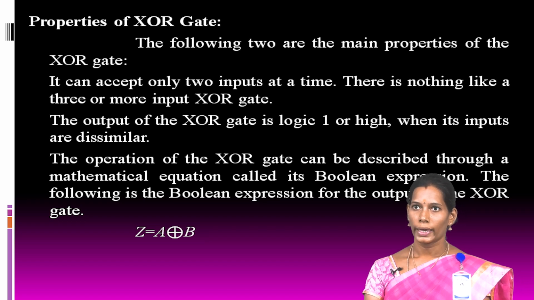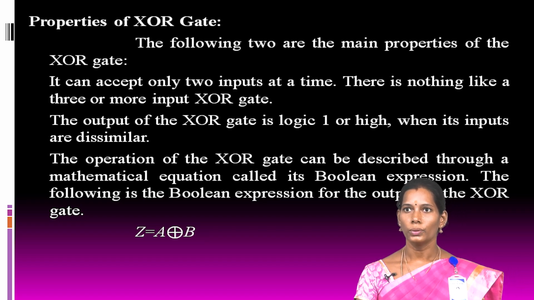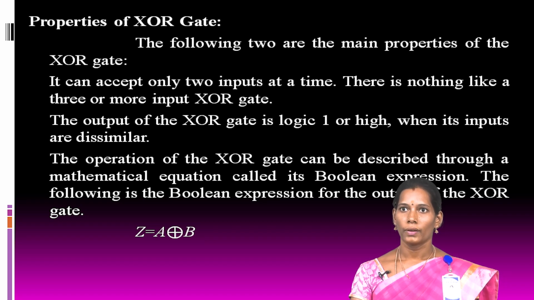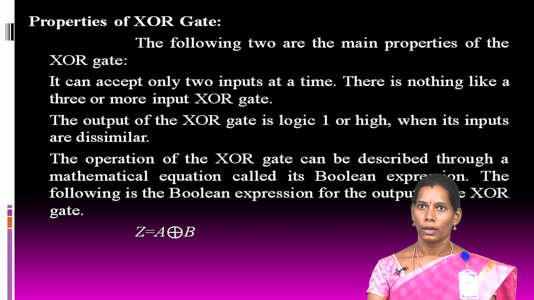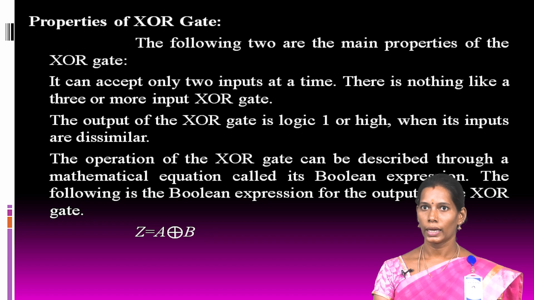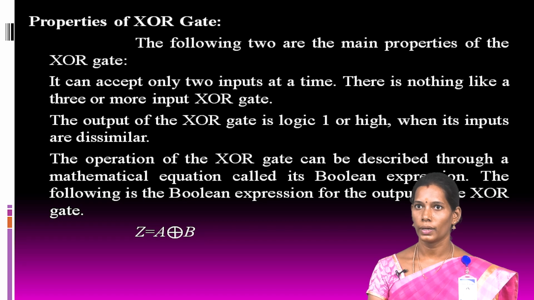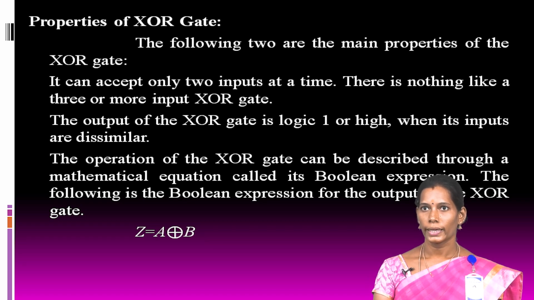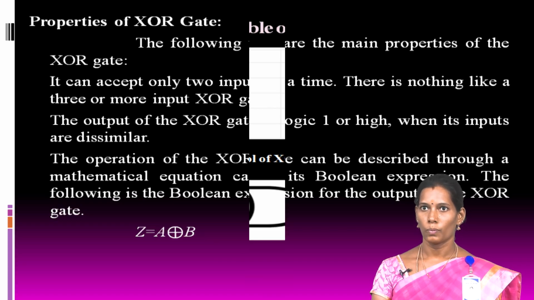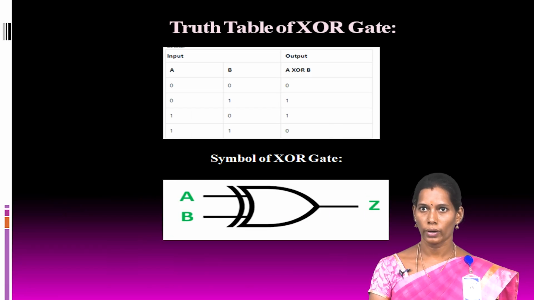The operation of the XOR gate can be described through a mathematical expression called its Boolean expression. The expression for the XOR gate is Z equal to A ⊕ B. Here Z is the output variable and A and B are the input variables. This expression can be written as follows: Z equal to A bar B plus A B bar. Truth table of XOR gate.